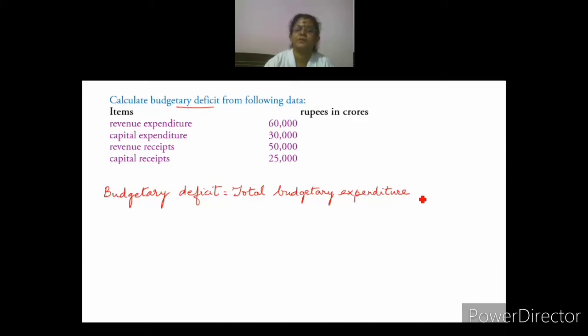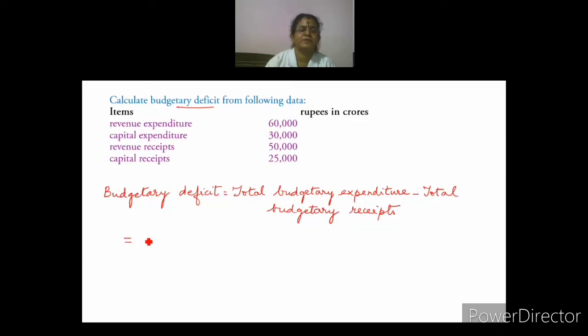Total budgetary expenditure minus total budgetary receipts.